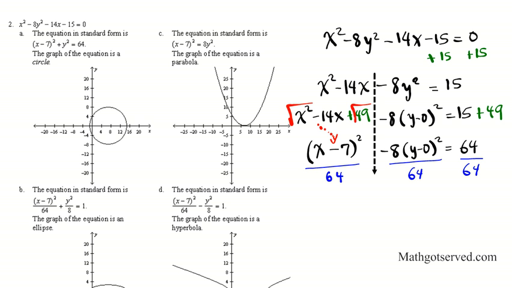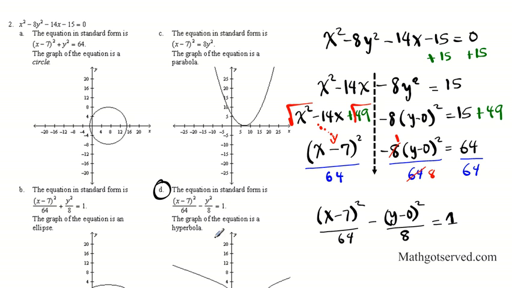All right, and then your answer is going to be x minus 7 squared over 64. 8 goes into itself once and goes into 64 8 times. So minus y minus 0 squared over 8. 64 over 64 is 1. Okay, so this matches with option letter D.